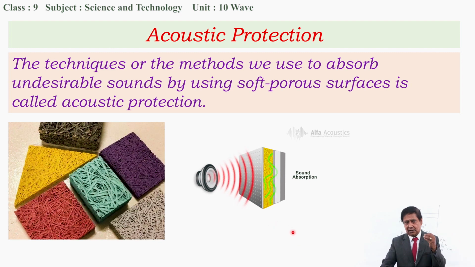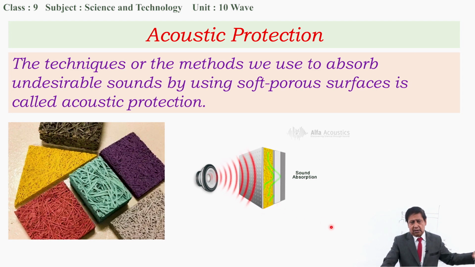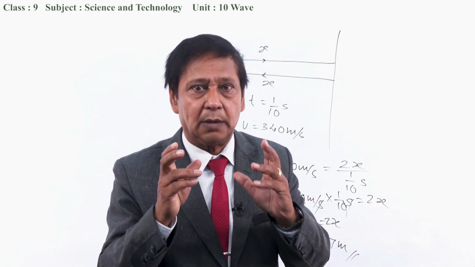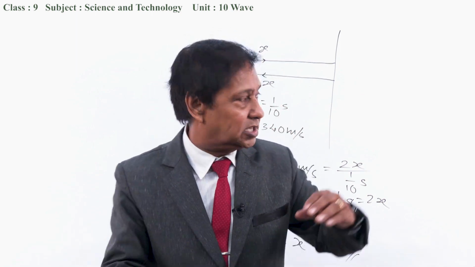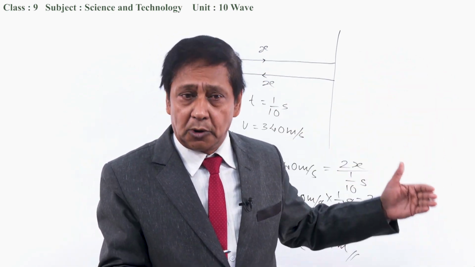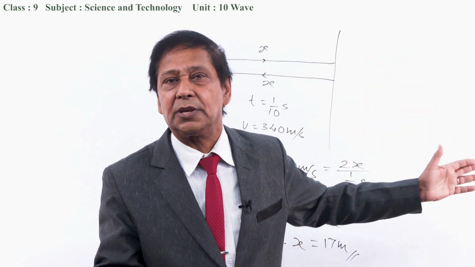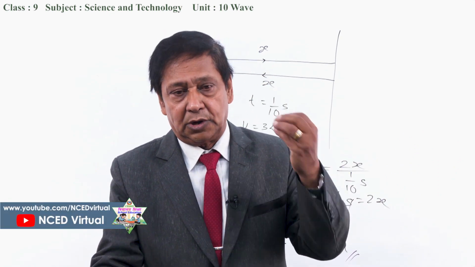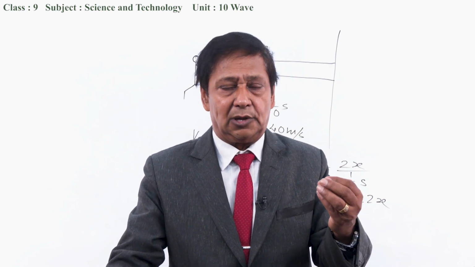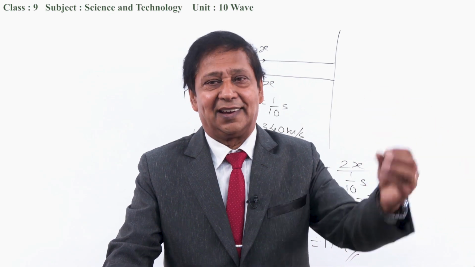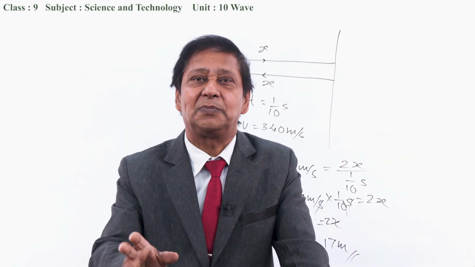It is done in music recording, in radio recording, and in this type of studio also. For the absorption of sound waves which strike the wall, the surface of the wall is provided with this porous material. It is done in television broadcasting, recording studios, music recording studios, etc. Okay, now this part is finished.